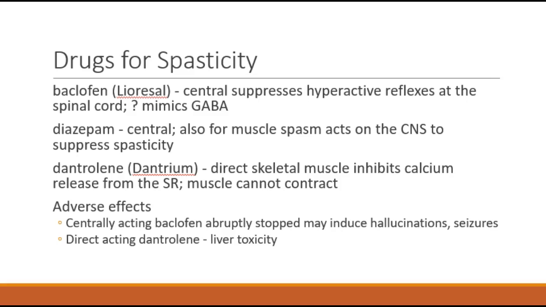I told you a couple of times, make sure you know this. The one thing about dantrolene is that when patients are on this, in any kind of therapy because they have spasticity, you want to be able to do an assessment of their muscle strength while they're taking that drug. So I'll look forward to reading your questions on the discussion board and at the Q&A if you come to that as well. Thank you very much.